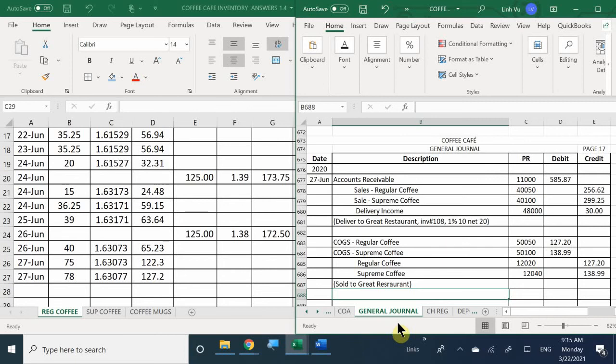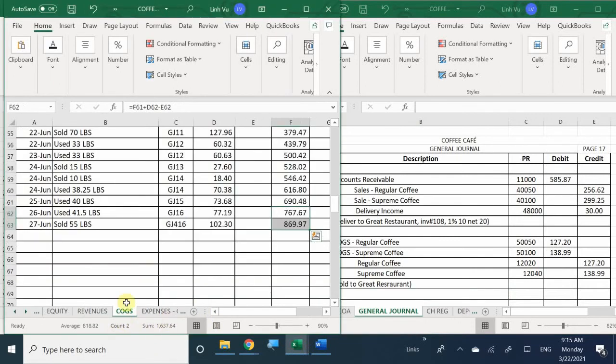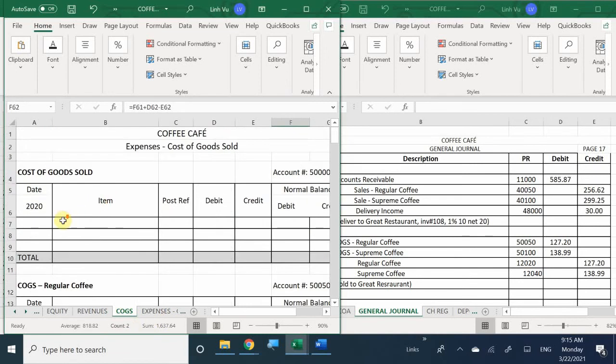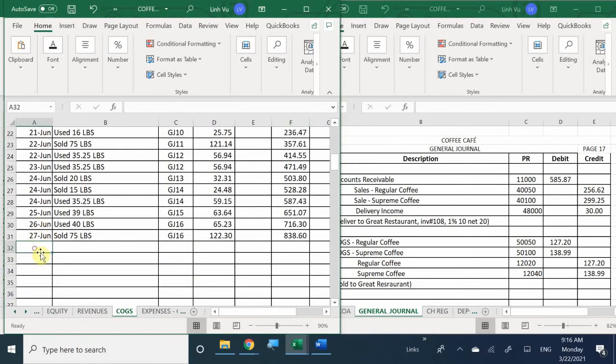So what's next? Ledger. Okay, so we're gonna go to cost of goods sold. Here we are. 27. We sold 78 pounds of coffee.